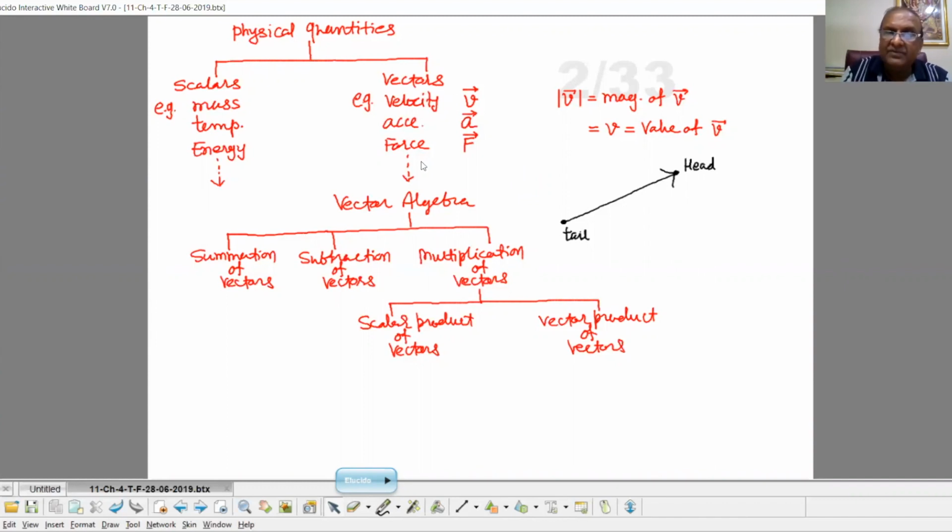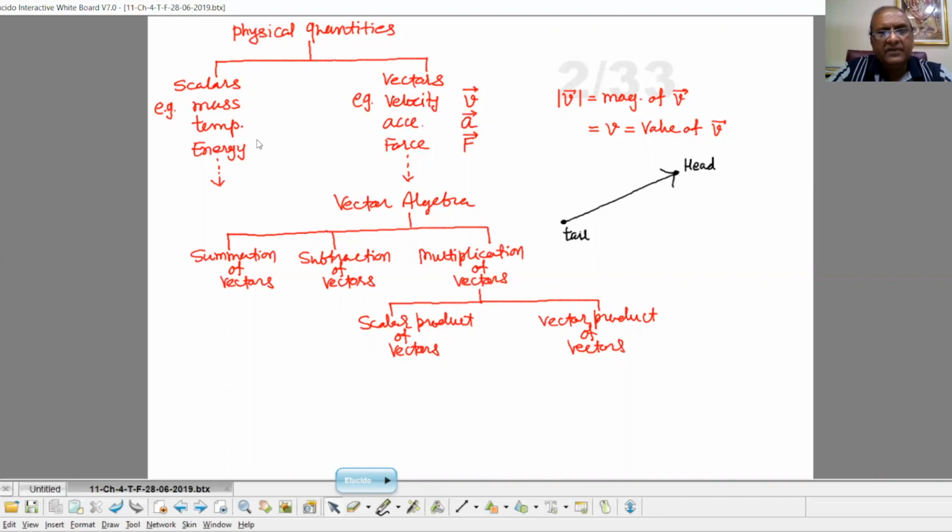These are some examples. Now, scalar quantities are represented simply by their symbols. We use symbol for mass, that is m. Simply you can use m. For temperature T, for energy E, that's it, nothing to do with it.